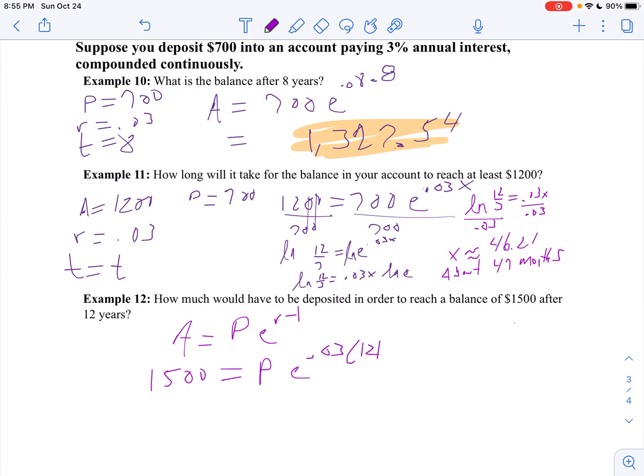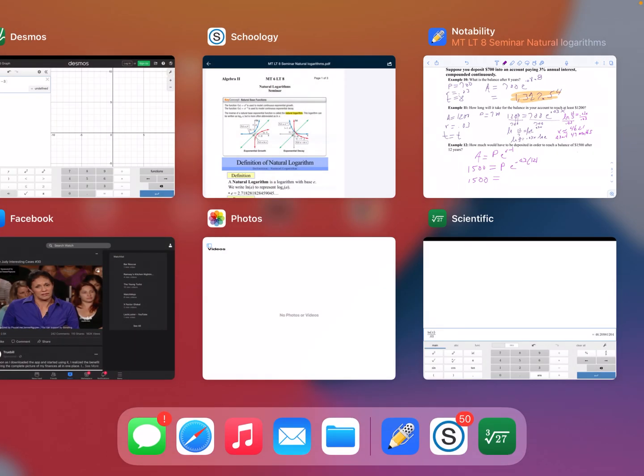I think I'll just use my calculator for that part. So 1,500. Let's take e to the 0.03 times 12.